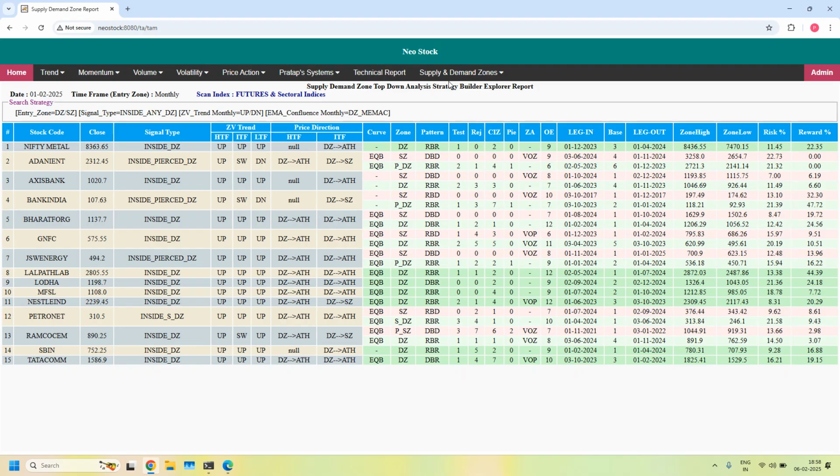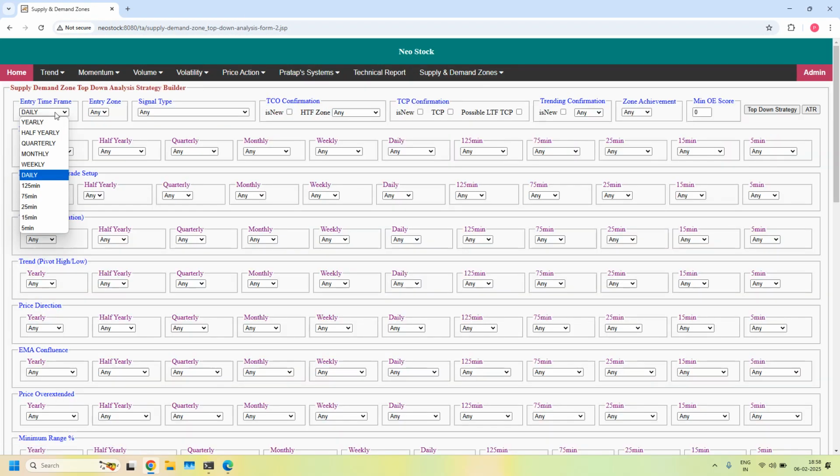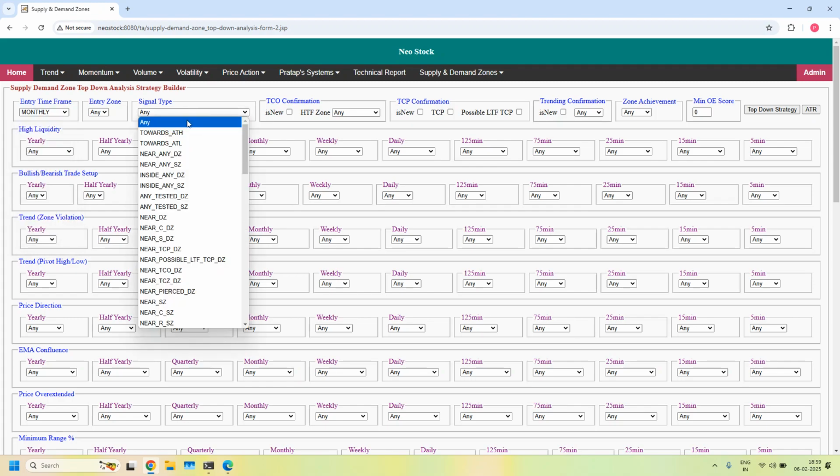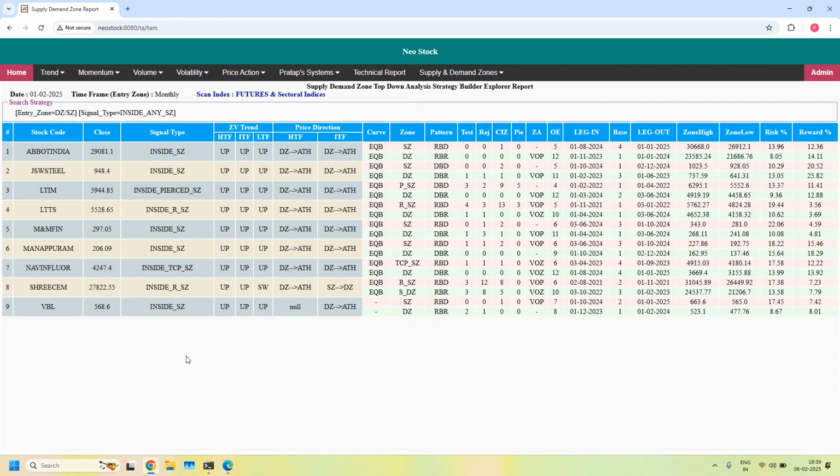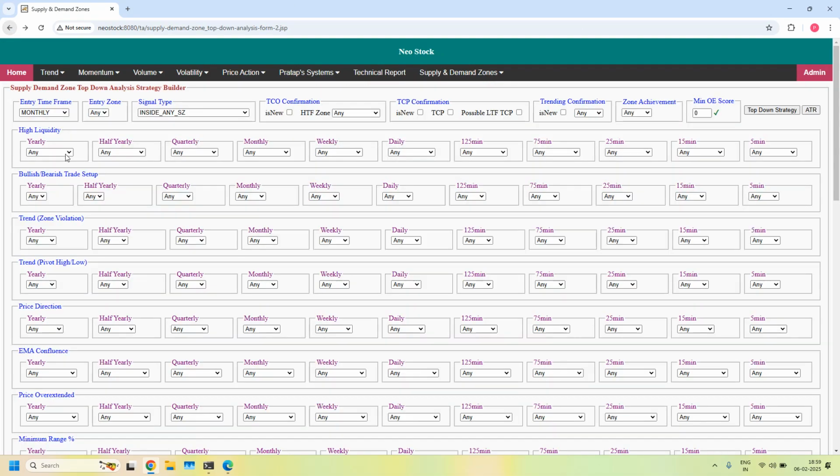Okay, next, monthly time frame, price closed inside the monthly supply zone, we got 9 stocks. Let us further filter based on monthly supply zone with monthly EMA confluence.